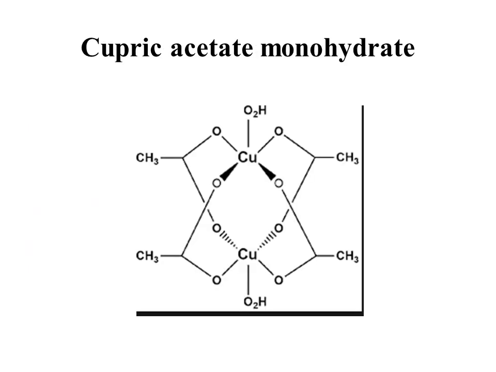This is a structural representation of copper acetate. We can bisect this molecule from the middle. The upper copper contains one unpaired electron, and the lower copper also contains one unpaired electron.